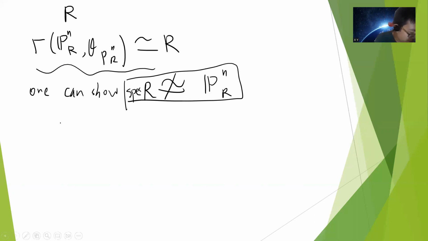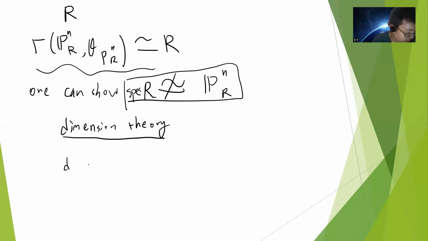The reason is that there's an idea called dimension theory. In dimension theory, one can define the dimension of a ring. The dimension of a ring corresponds to the dimension of the topological space, by using chains of closed sets and the ideal correspondence.